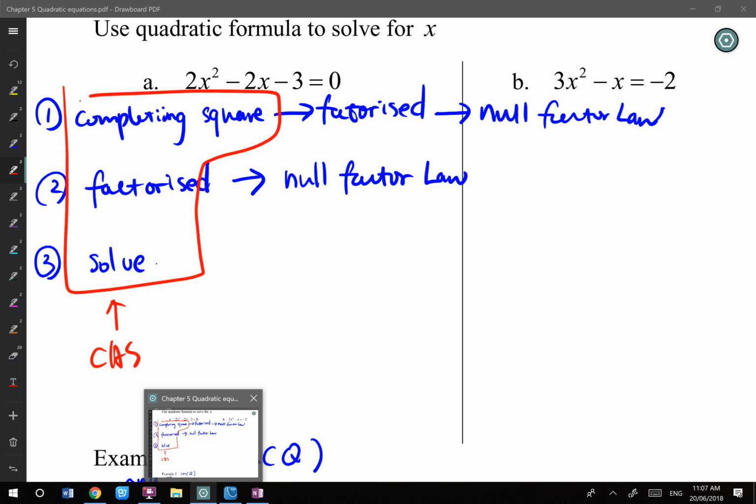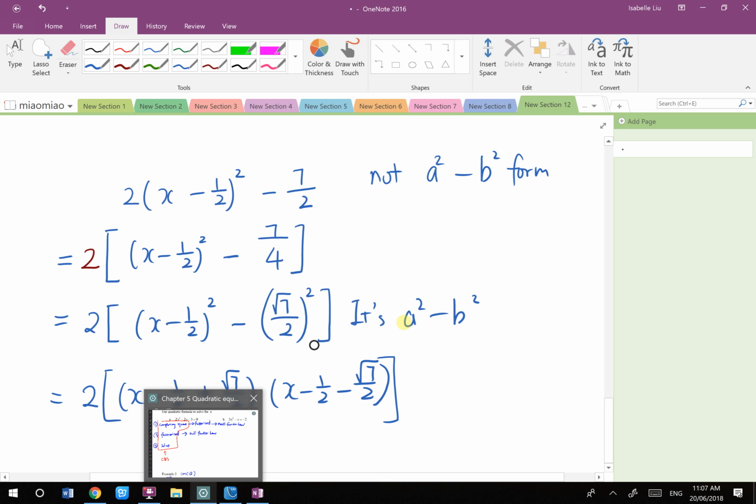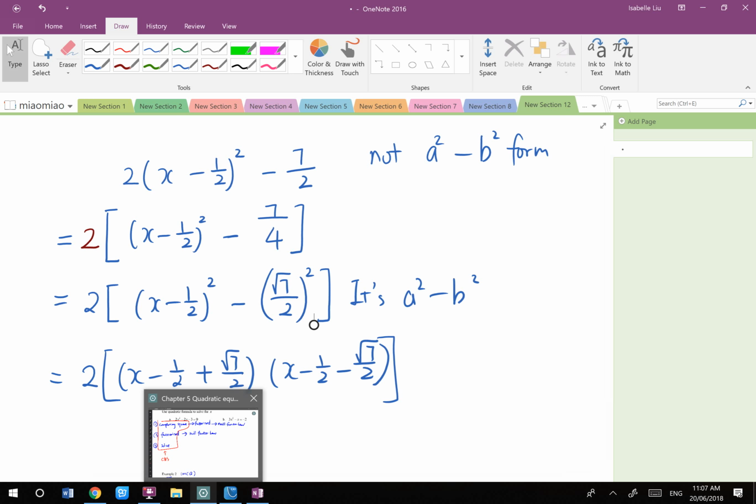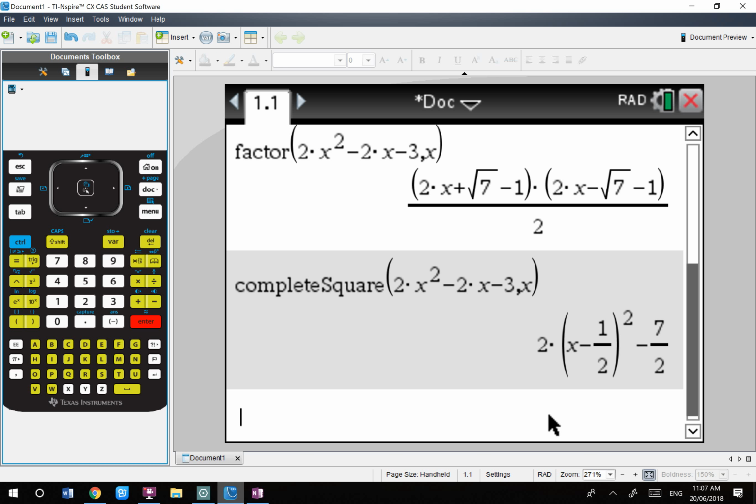Wait, if it said factorize this? Yeah, that's the factorize form. If you just want to factorize and you have a calculator, the factorize form is above. You can directly factorize.